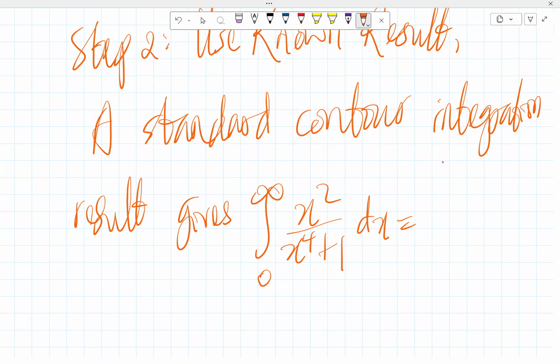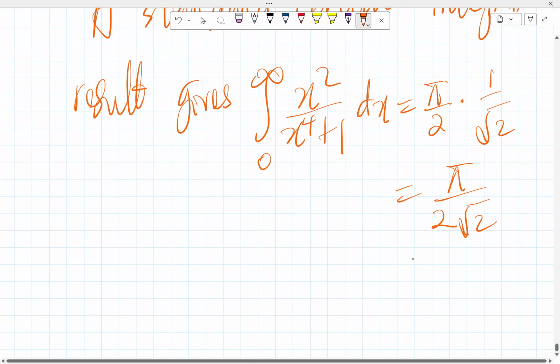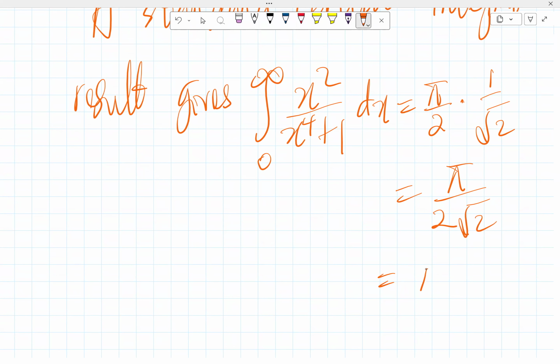Normally we know this x raised to the power 4 plus 1 should give us pi over 2, but then we have the additional part, which is 1 over root 2, and that will be pi over 2 root 2, of course, which we can then rationalize.